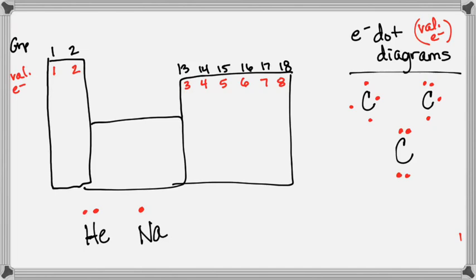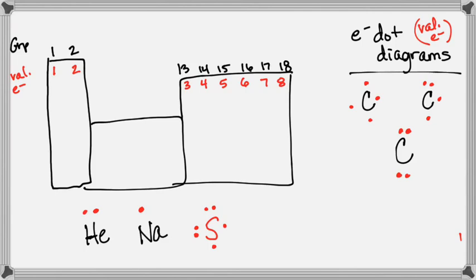And let's do one more. How about sulfur? Sulfur is in group 16, so it has how many valence electrons? 6. So I'm going to show 1, 2, 3, 4, 5, 6. Again, I've only got 6 dots that represent the 6 valence electrons, no more than 2 per side.